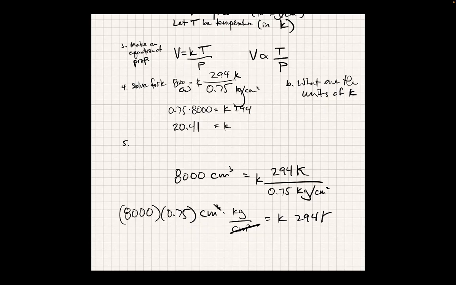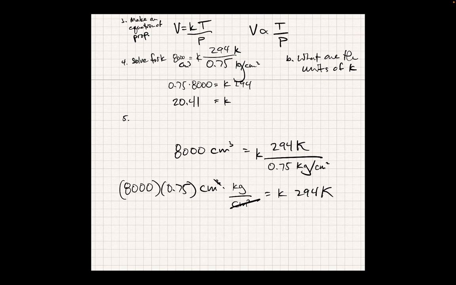And so when I divide both sides by 294 Kelvin, I'm still going to get 8,000 times 0.75 over 294. And that leaves me with centimeter kilograms per Kelvin.